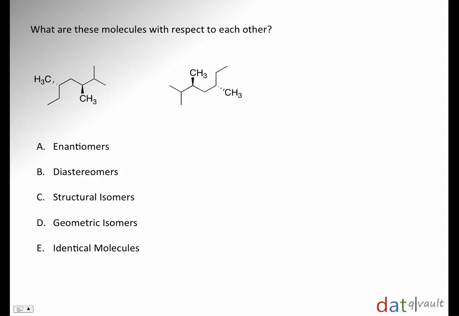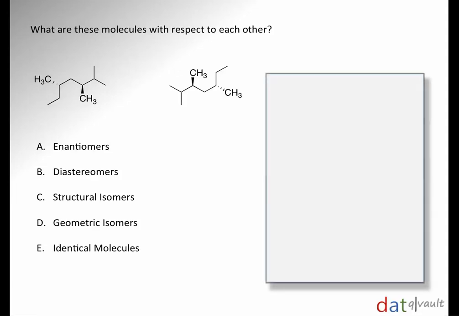Alright, so I would say the quickest way to go about this question is to figure out what the orientation is around each of the stereocenters. So in this molecule right here, we're just gonna label the priority of the substituents. We're gonna start on the left-hand side and then do the right-hand side of the molecule, this stereocenter.